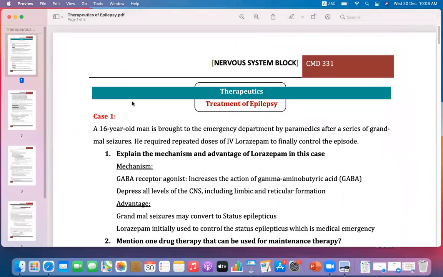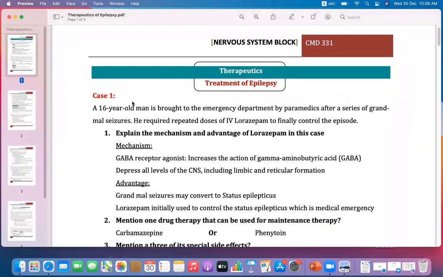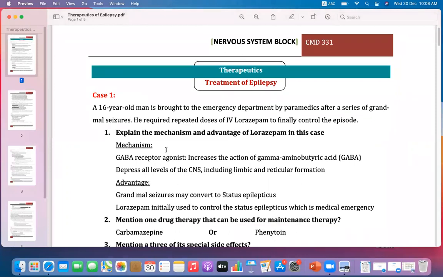Let us see the cases. Case 1, a 16-year-old man is brought to the emergency department by paramedics after a series of grand mal seizures.